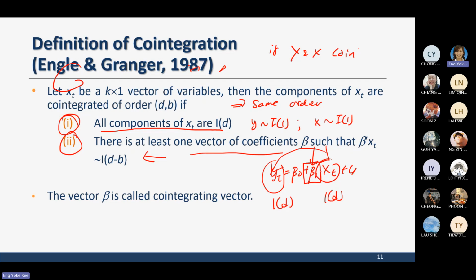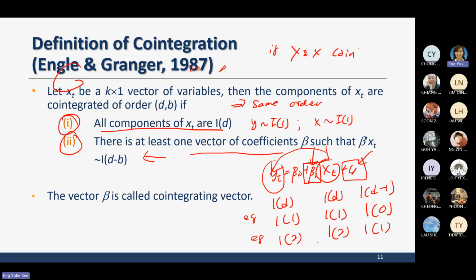We call this a vector of co-integration, whereby the linear combination is one order lower. This implies what? If this is I1, this is I1, this will be I0. Then we say X and Y are co-integrated. If this is I2, this must be I2, and then this must be one order lower. We say that there is a co-integration.